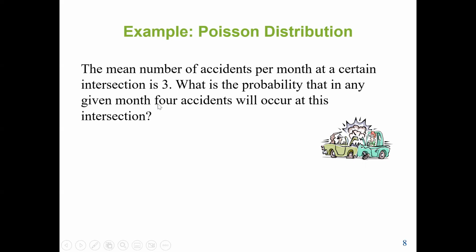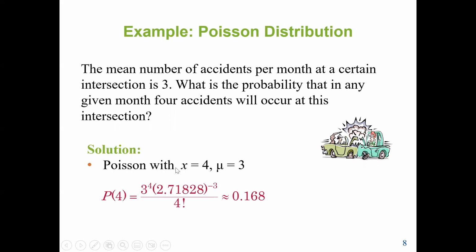Also, based on this question, it's a Poisson distribution because it's based on an interval. What is the probability that in any given month, so it's an interval of time, 4 accidents will occur? So this makes this question a Poisson distribution. It's based on an interval of time. So again, x is 4, the mu is 3.